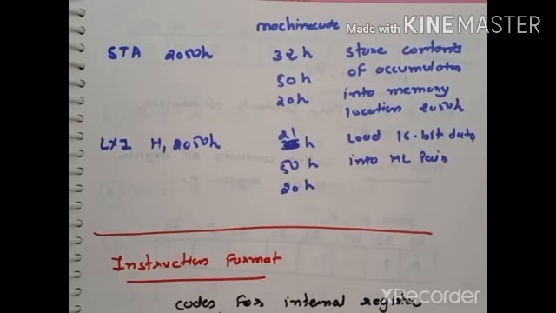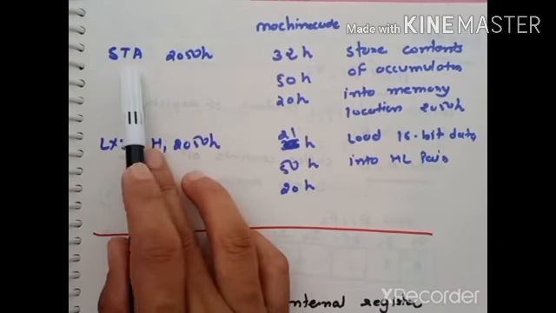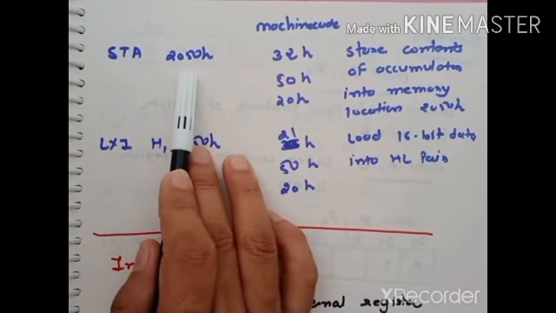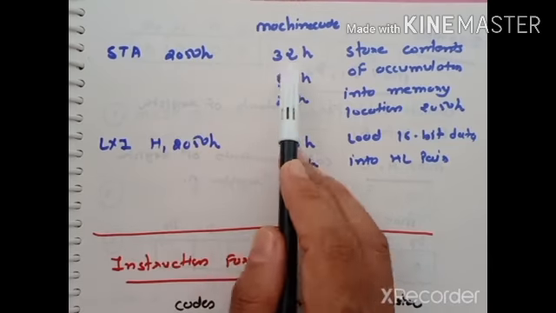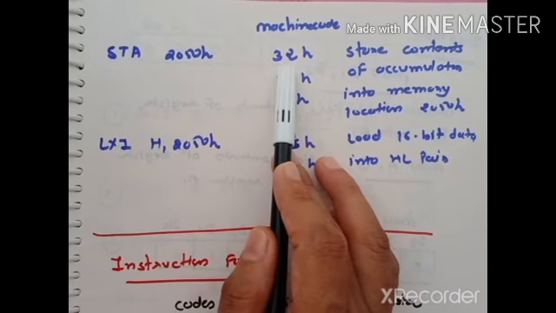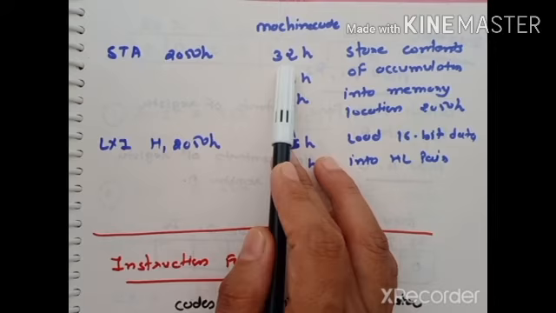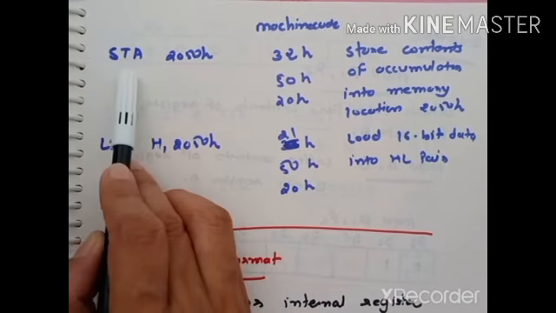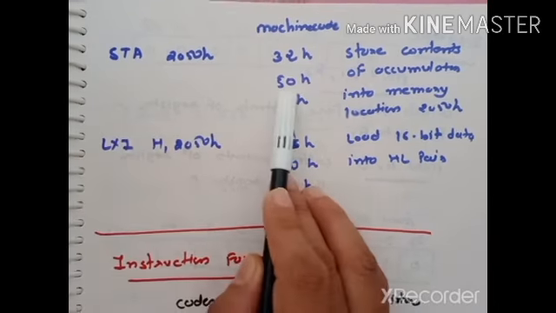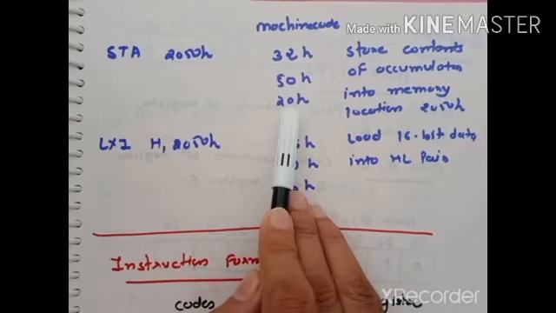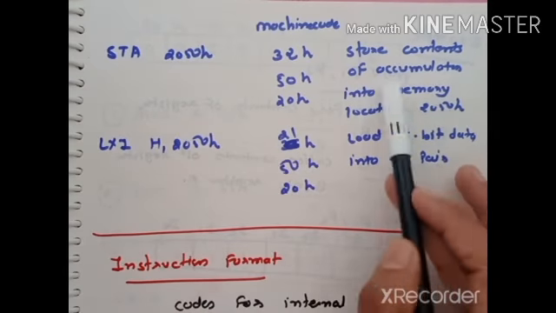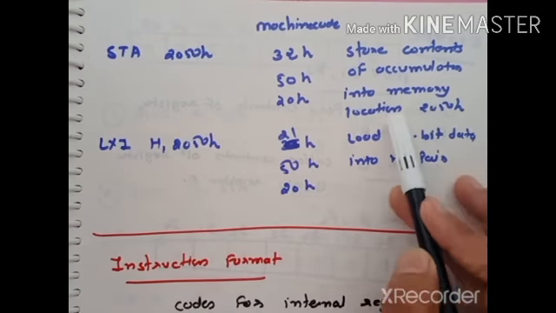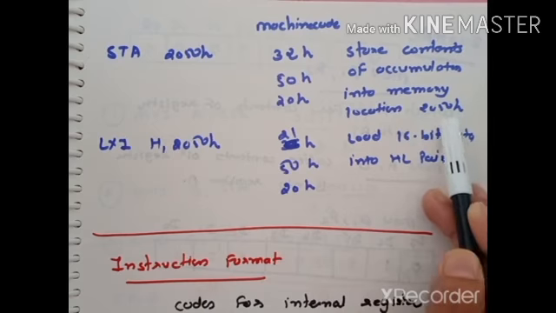Another example of a 3 byte instruction is STA 2050. In this, the first location stores 32H. 32H is the hex code of the STA instruction. Then 50H and 20H. That means it stores the content of the accumulator into memory location 2050.